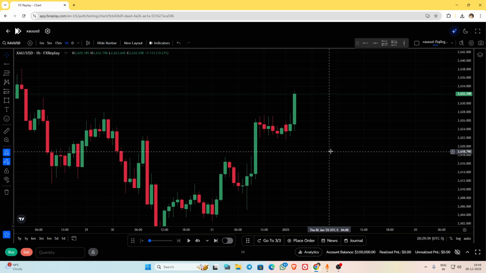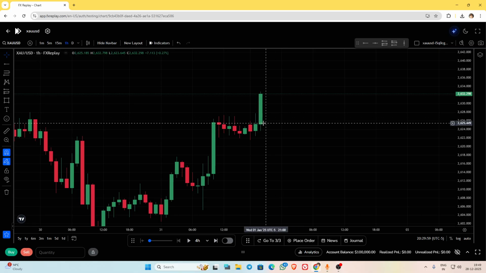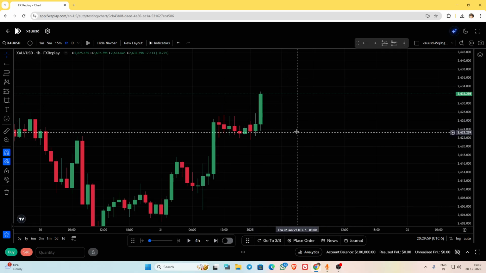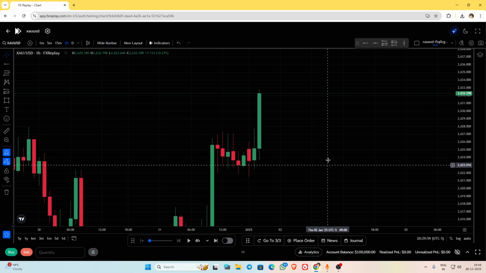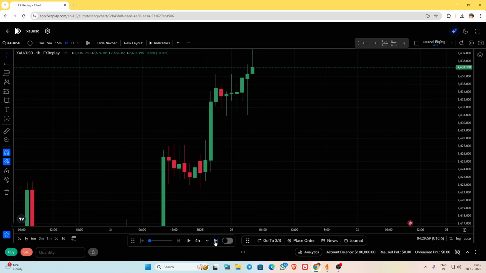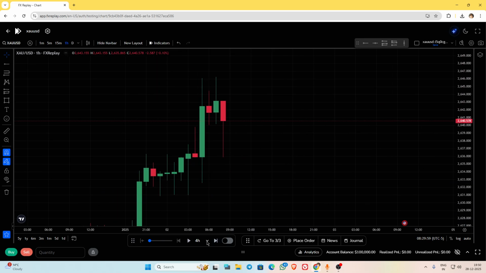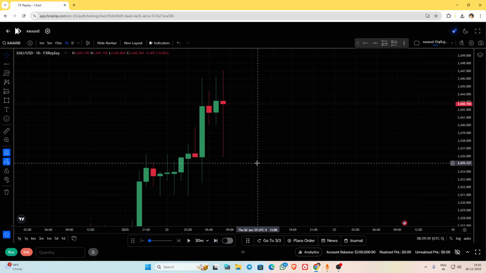Change the time to UTC minus 5. I'm using New York time zone, UTC minus 5. So everything that I'm talking about with time is related to the New York session. So right now it's 12:30, 4:30, 8:30, and then we will wait for the candle to close.